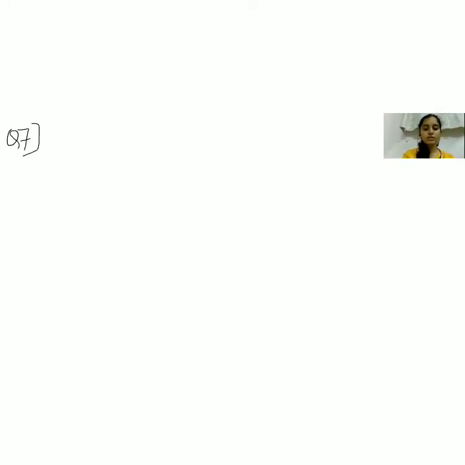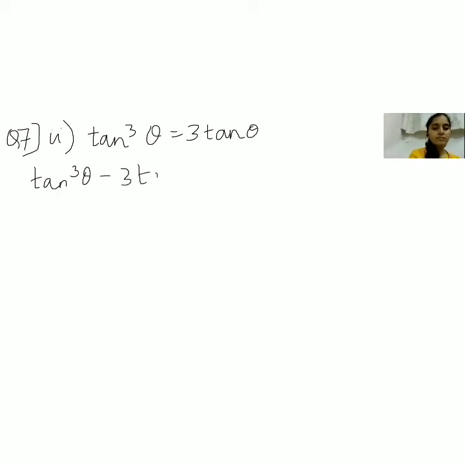Okay, let us begin with question 7, the second one. The second one is tan cube theta equal to 3 tan theta. So we'll solve this as tan cube theta minus 3 tan theta is equal to 0.